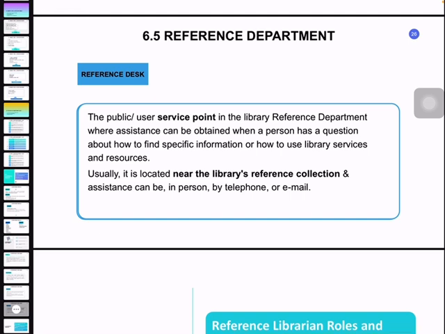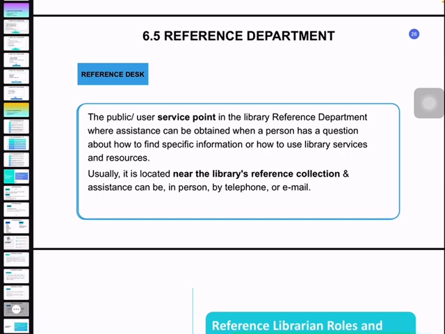Okay, the public or user service point in the library reference department, where assistance can be obtained when a person has a question about how to find specific information or how to use library services and resources. Usually it is located near the library reference collection, and assistance can be in person, by telephone or by email.